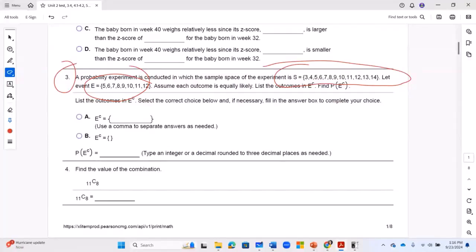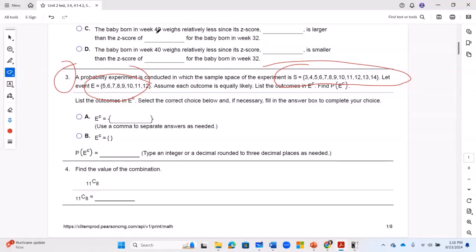Let's see if there's any other thing. Assume each outcome is equally likely. Equally likely means everybody has an equal opportunity to be selected. In other words, selection of 1 is as good as selection of 2. The probability of selecting a 1, let's count it.